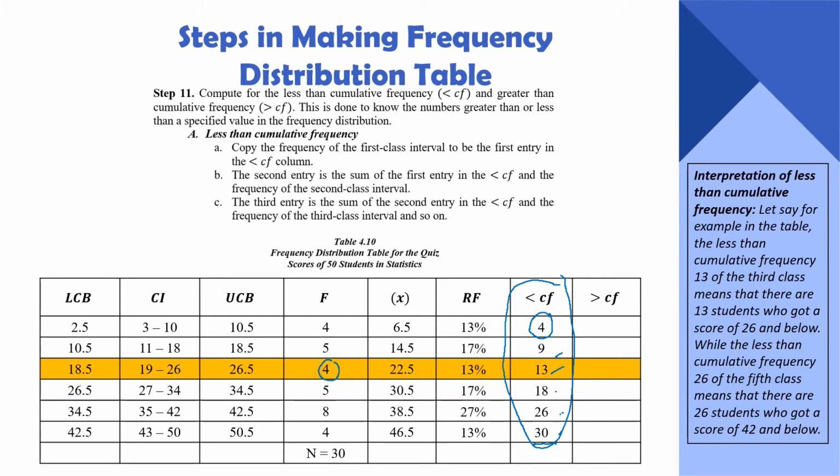Okay, while the less than cumulative frequency 26 of the fifth class means that there are 26 students who got a score of 42 and below. Okay? So, saan natin nakuha yung 26 and below? Since ang third class ay nagtapos sa 26 na score, 13 students daw na kumuha ng exam ay nagkaroon ng scores na 26 and below. And then, 26 students naman ang nakakuha ng 42 and below.